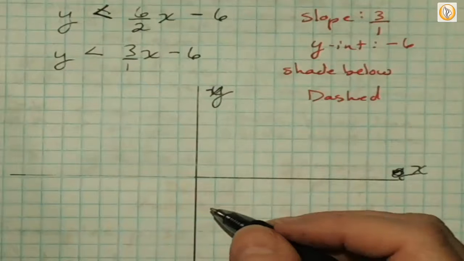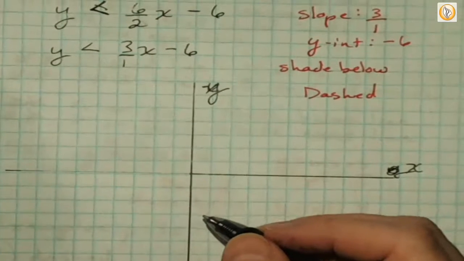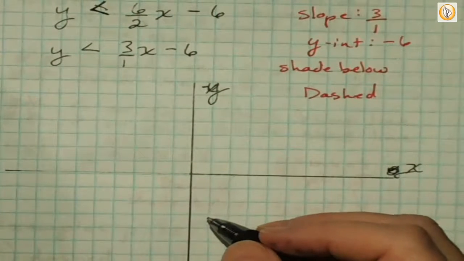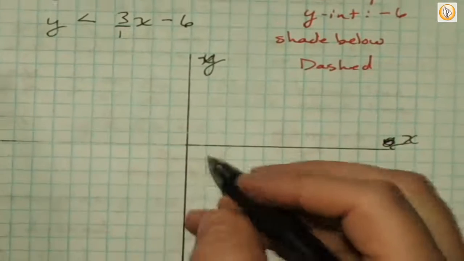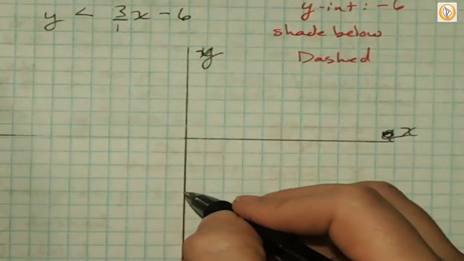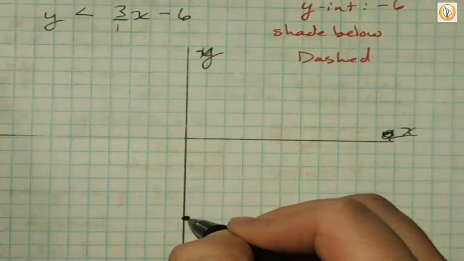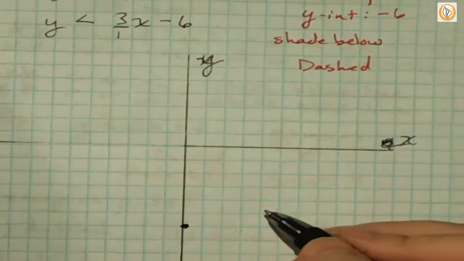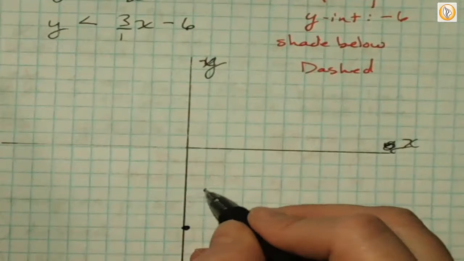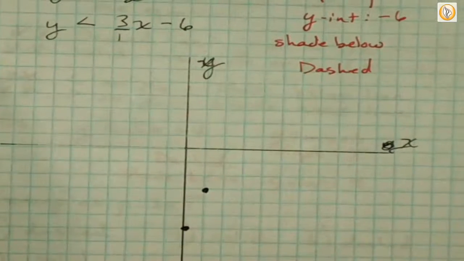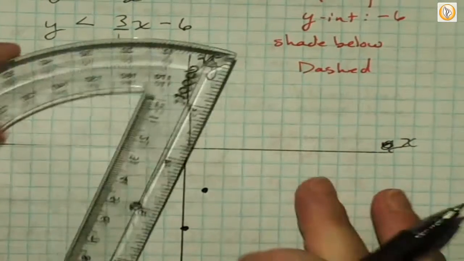Yeah. Okay. So what's the first thing we plot? First thing we plot is our y-intercept, which is negative 6. All right, so 1, 2, 3, 4, 5, 6 down here. And then our slope is 3 over 1, so I go 1, 2, 3, and over. It's a dashed line.